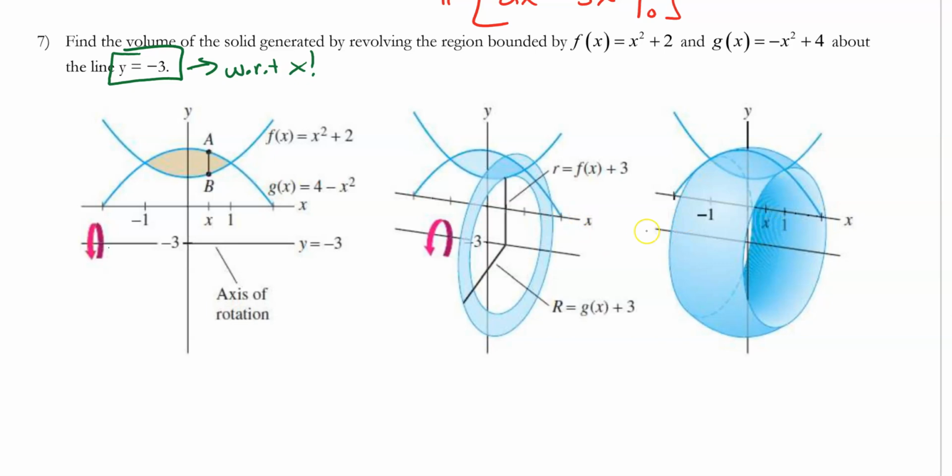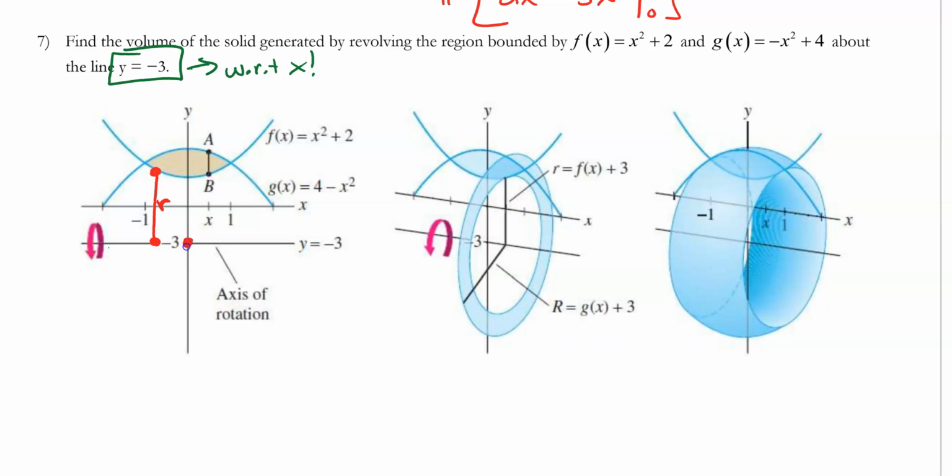Now, this problem is kind of giving away our calculation, but let's talk through how we find big R and little r. It's very similar every single time. If I start at my axis of revolution and go to the bottom function, the inner function, the first function that I hit, that would be little r.